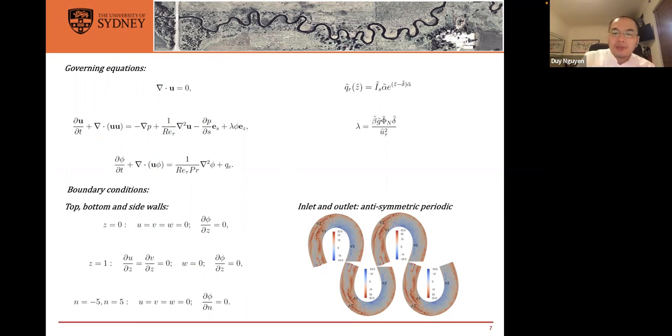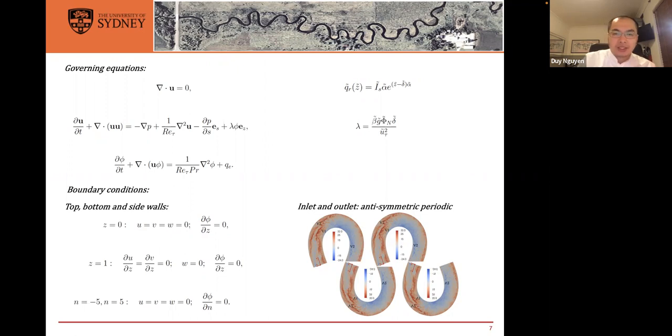It's the same as the periodic boundary condition, but it actually mirrors the cross-stream direction. In this example, you can see that everything that comes out from the outlet goes into the inlet. So from the outer bank, it mirrors the cross section and goes to the inlet, to the inner bank here. So this is the anti-symmetric periodic boundary condition.